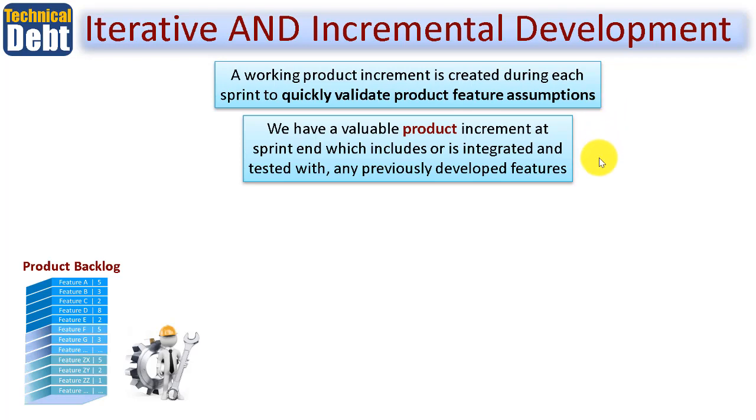What we'll have, therefore, is a valuable product increment at the end of each sprint, as Agile would call it, potentially shippable, whether or not you ship it to the customer. And the sprint end has included or is integrated and tested with any previously developed features. So sprint 3 could develop a certain number of features, and in sprint 4 you would build on them or integrate with the previous features, is the point I'm making here.